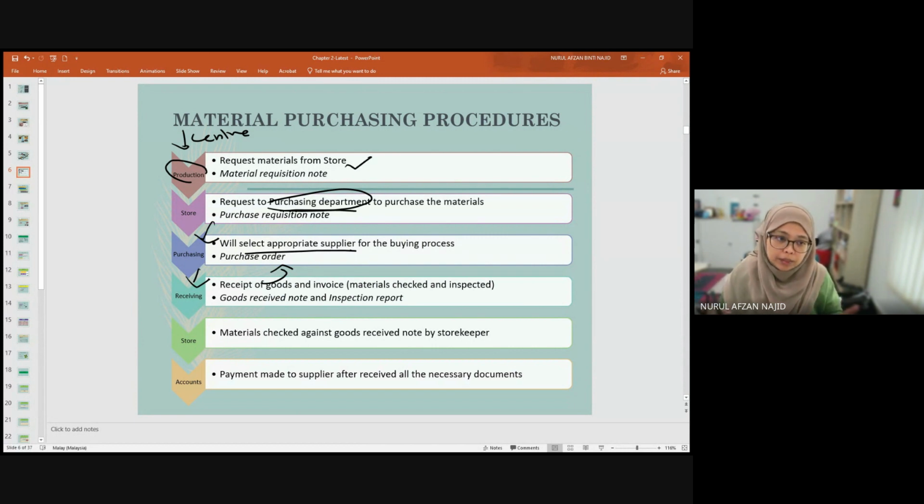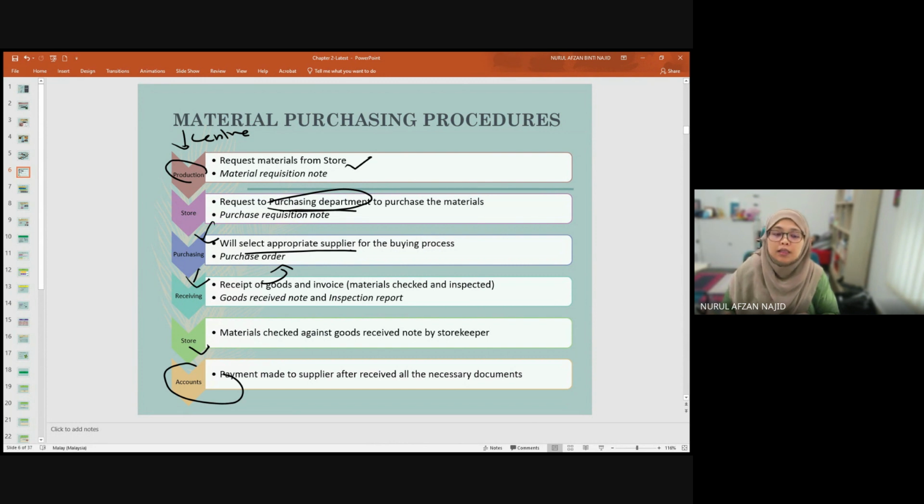Okay, macam tu. So as a level in the receiving department, dia akan buat checking and also inspection sebelum dia pass kepada storekeeper. Okay, so bila storekeeper check against, double checking and so on, dia akan sign dan barulah pergi kepada account department where this department will do the payment process.